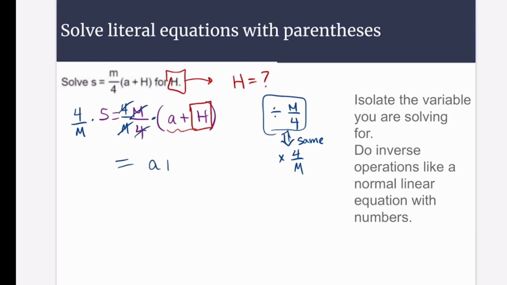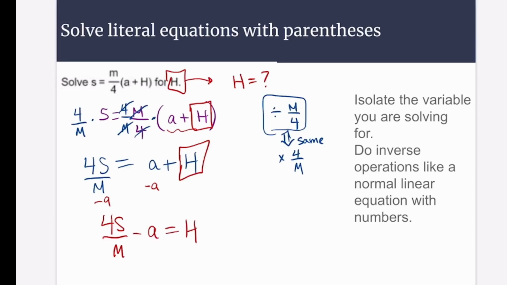So I'll be left with a plus h on the right side. And the left side, if we just put that together, it's 4 times s, 4s divided by m. We're solving for h, so we subtract a from both sides. So you get 4s over m minus a equals h. And there you go. That's your answer.